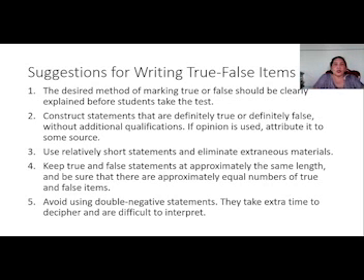Next, construct statements that are definitely true or definitely false without additional qualifications. If opinion is used, attribute it to some source. Construct statements that are definitely true or false. So, not ambiguous.